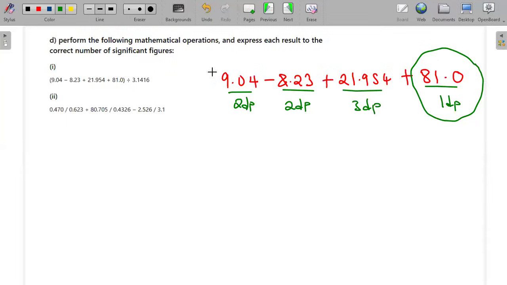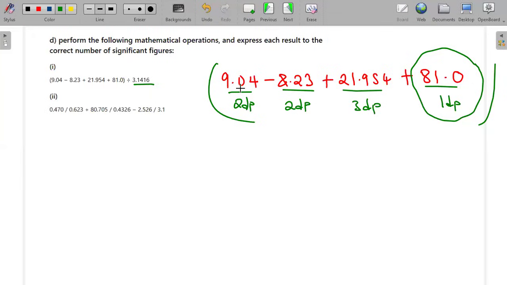So this thing here was in brackets like this, and then it's been divided by this number here. So let's first add whatever is in the bracket. So what do I get when I do this? 9.04 plus 8.23 plus 21.954 plus 81.0. Okay, let me redo this.